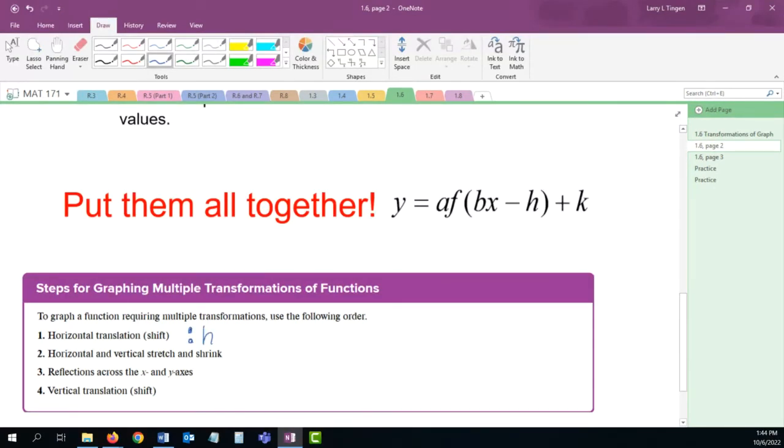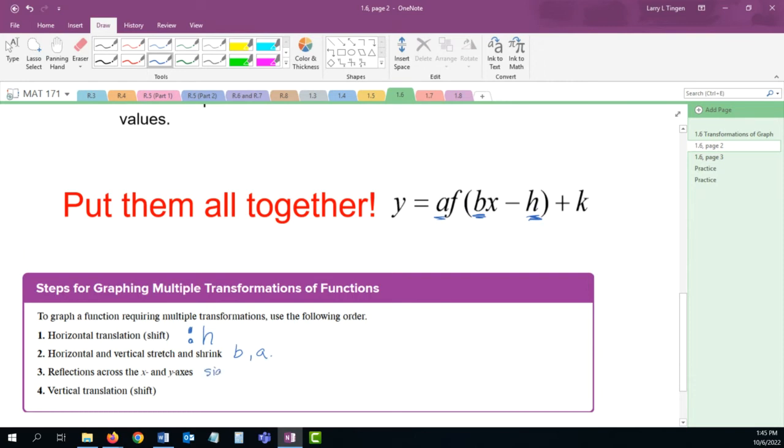Take a look at my graph here. This is step 1. Next, horizontal and vertical stretch and shrink. Since I'm on the inside, let's do that one first. The next thing I'm going to deal with is b, if I've got some multiplication on the inside, and then I'm going to deal with a. Next is reflections across the y-axis.